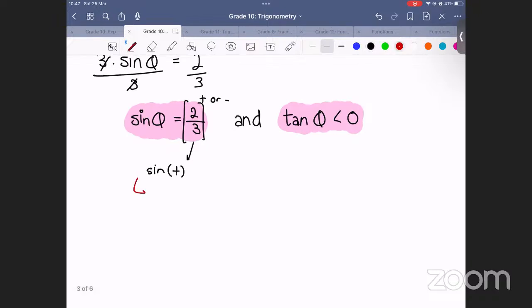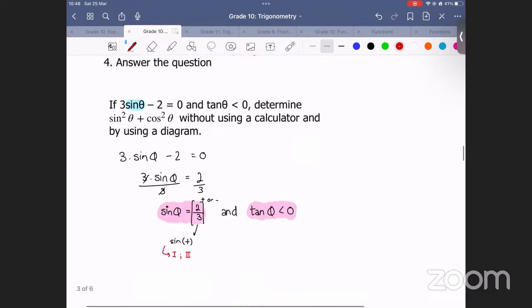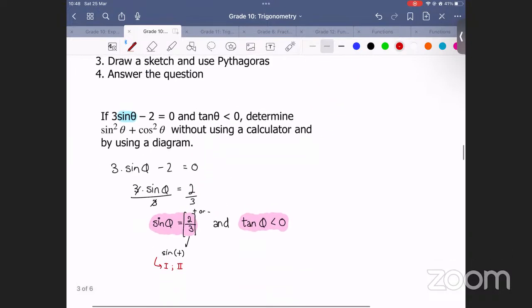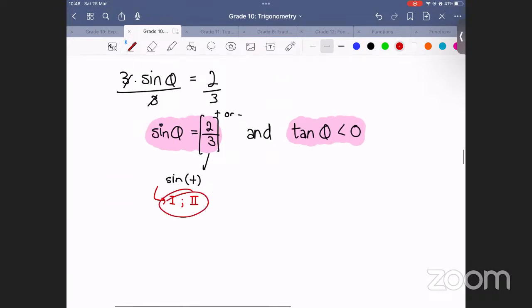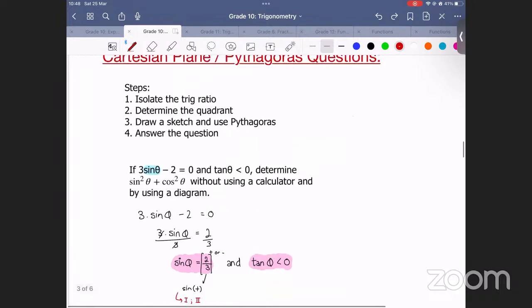Sine being positive is in quadrant 1 and quadrant 2. All Students Take Care. So this doesn't tell us which one quadrant we're going to draw it in. It gives us 2 options. That's why we have to use the second criterion given to help us answer it further.